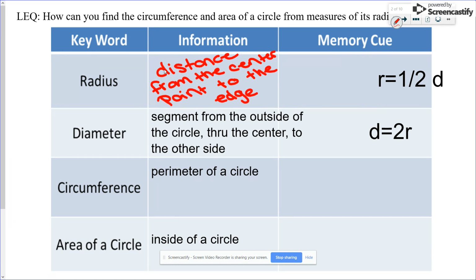So when you're looking at a picture of a circle, and you see a circle with a point in the middle and then a line to the end, that is your radius. So radius is half your diameter.